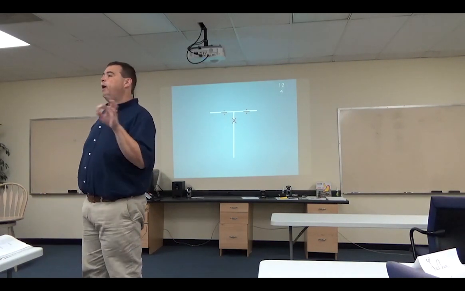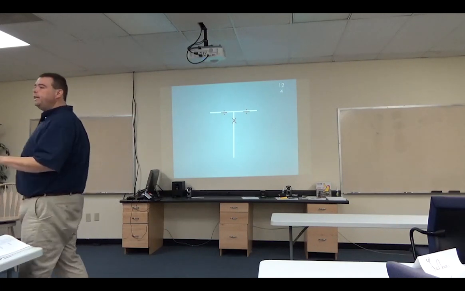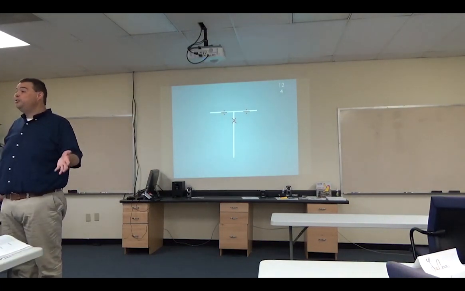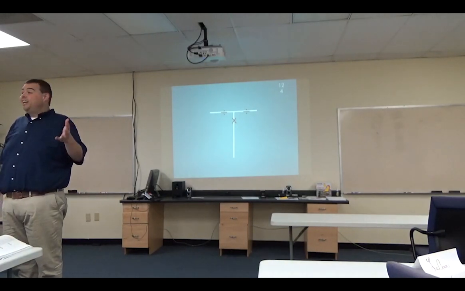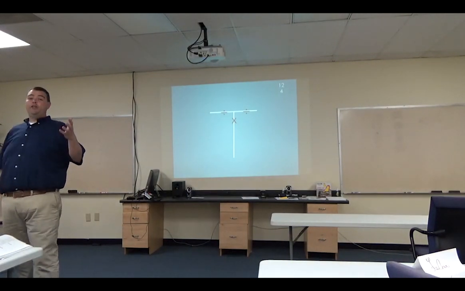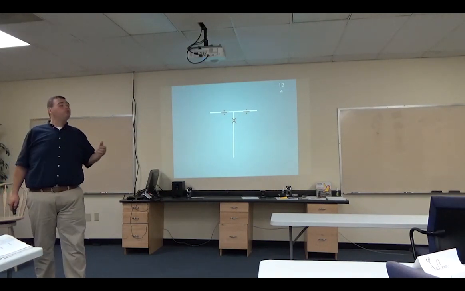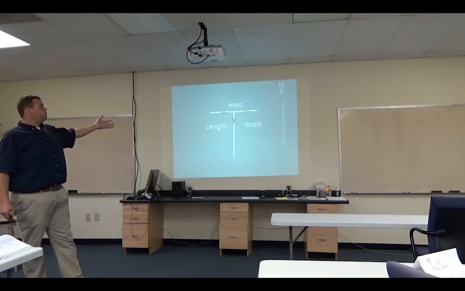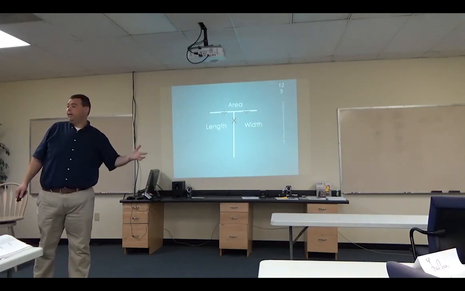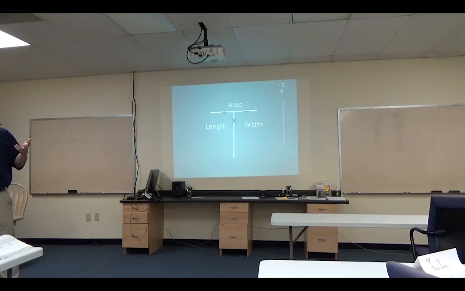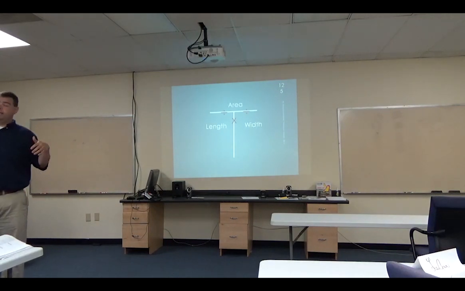I cannot tell you how many people memorize the T-bar and then don't do what the daggum thing says to do. It doesn't do any good if you don't follow the instructions of the T-bar. Okay? So here is a simple T-bar formula. Area equals length times width, right? And last night I believe y'all did a little bit of this with acreage math, right? Area equals length times width.